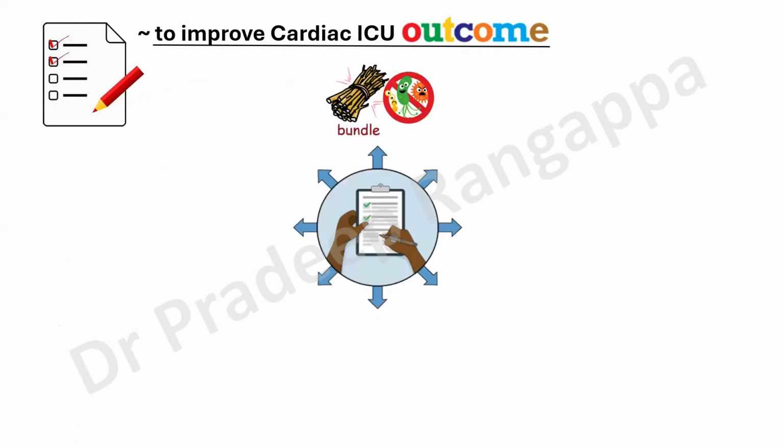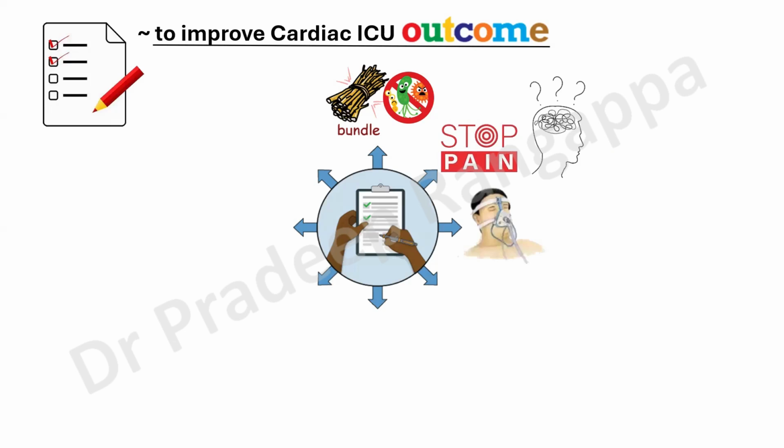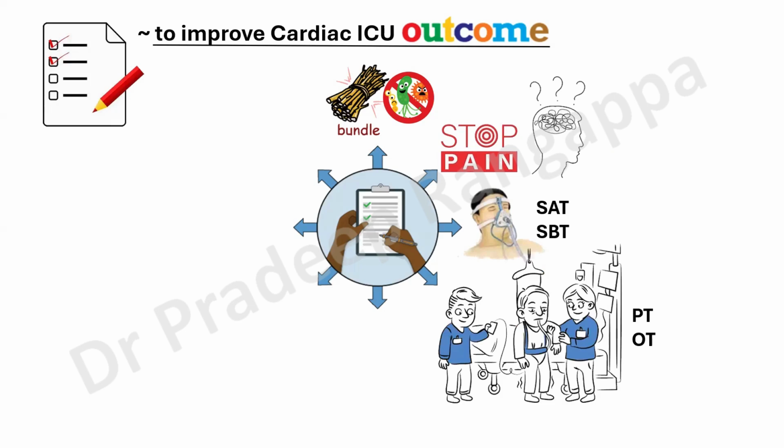So they have emphasized putting infection control bundles in cardiac ICU, and measures to stop pain, and delirium assessment in CCU has been emphasized, and early NIV to be thought of in cardiac ICU has been emphasized, and spontaneous breathing trials and spontaneous awakening trials have been emphasized, and early mobilization has been increasingly emphasized with physiotherapy and occupational therapy.